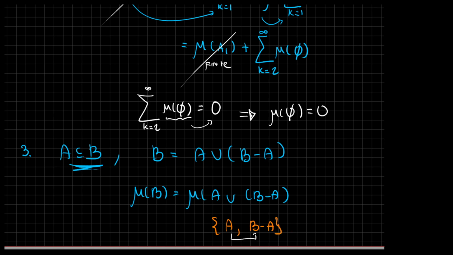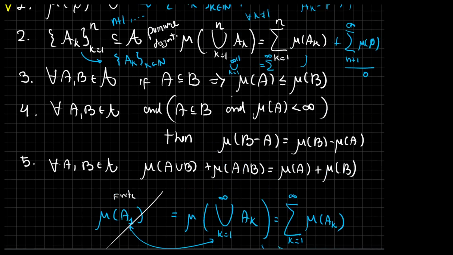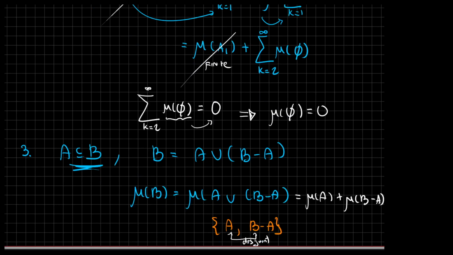This is pairwise disjoint, so you can apply the second property, and this will be equal to, from here, and since we had that, this is here more or equal than 0.